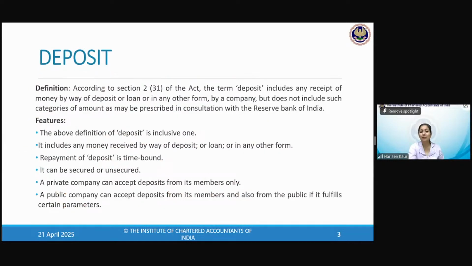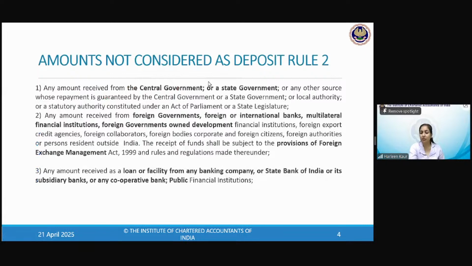You will say, as per section 2, subsection 31, deposit is any amount of loan or deposit received in the form by a company, but does not include the categories mentioned by the Reserve Bank of India. Under Rule 2, a certain list of amounts is given which is not considered as deposit. Rule 2, subclause 2, if you don't remember, then also it's okay, Rule 2 is fine.